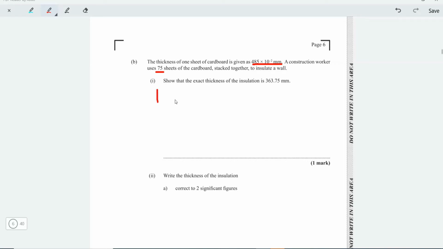So the thickness of the insulation T is equal to 485 times 10 to the minus 2, multiplied by 75. Let me write it a little better, sorry about this.